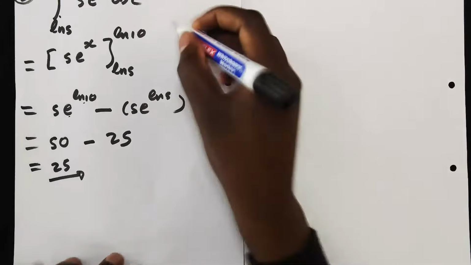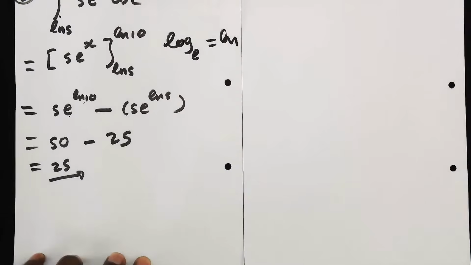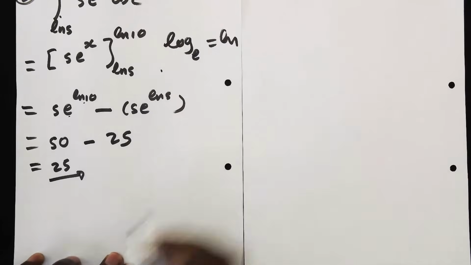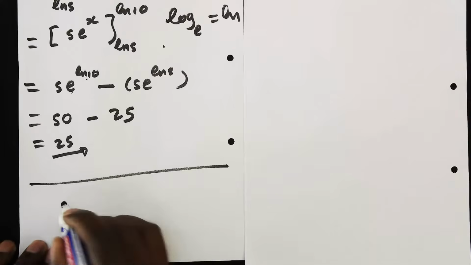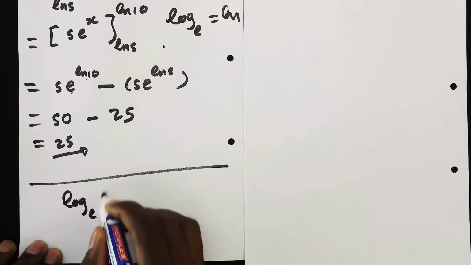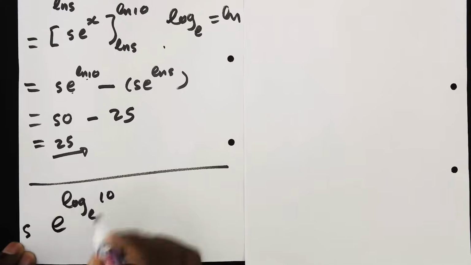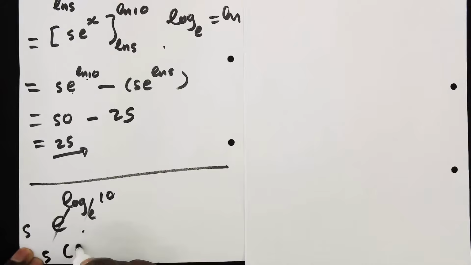No, this is what I was saying. Do you know that ln is the same as log to base e? Let me write it nicely here. So we'll have log to the base e of 10. So e to the power of that, I hope you see the base is the same. Then you drop down the answer, it is 5 times what? 5 times 10.